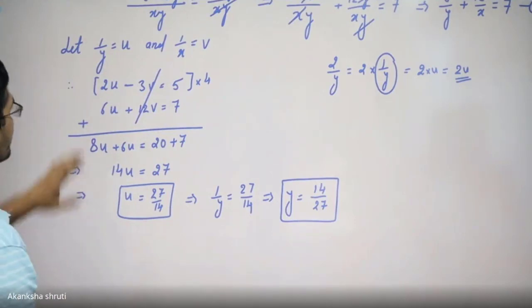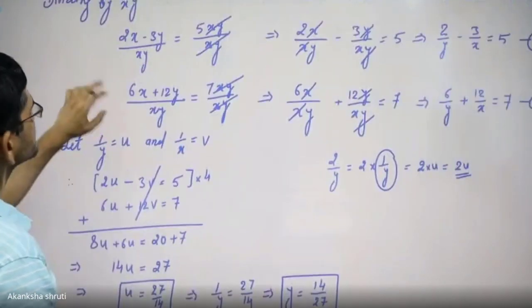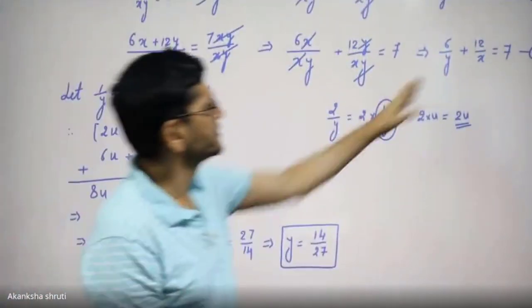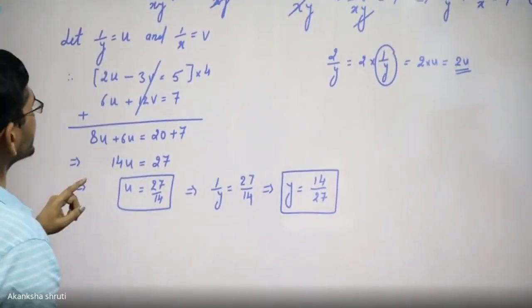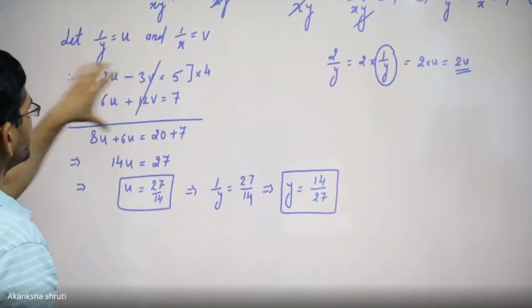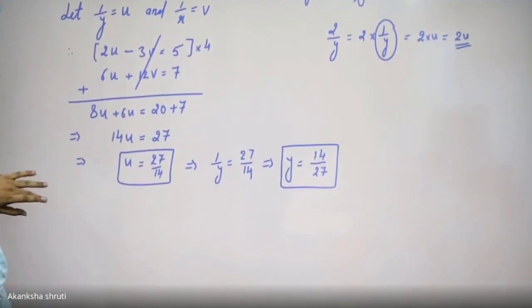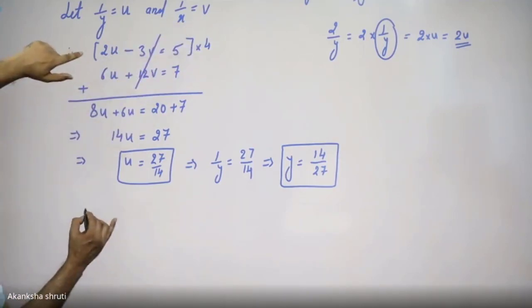Now for x, you may substitute in either this equation or this equation. Or you may also calculate the v by this equation, then we can directly get the value of x also. So let me solve once more.